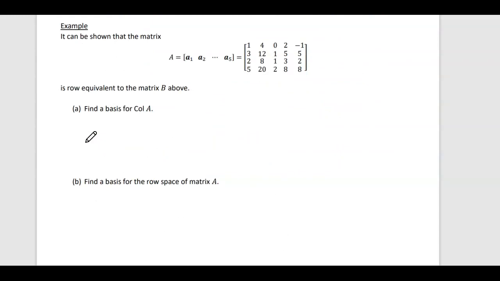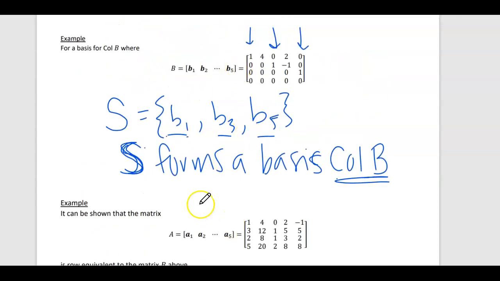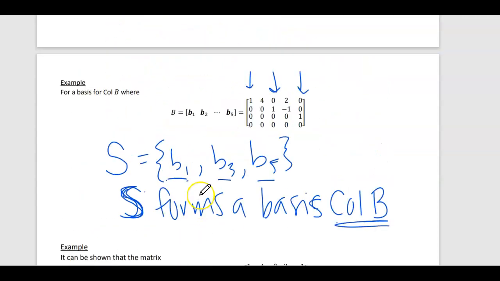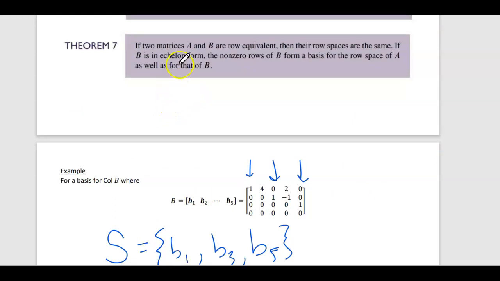All right, let's look at this example here. So here I have matrix A, A1 through A5. It is row equivalent to matrix B above, okay, row equivalent. And the reason why, let's go back up to that theorem: they're row equivalent if their row spaces are the same, okay?